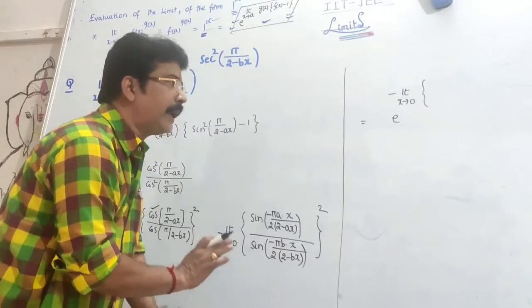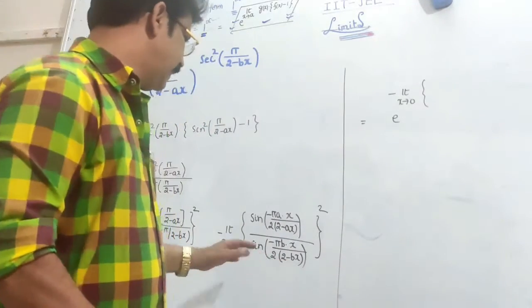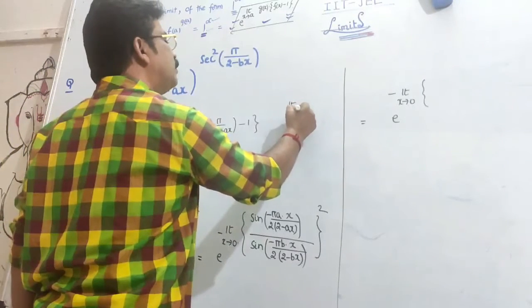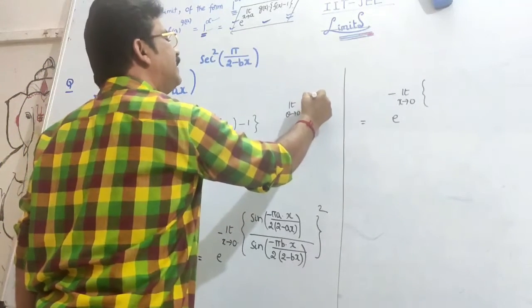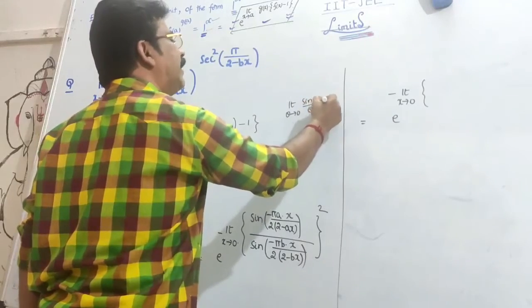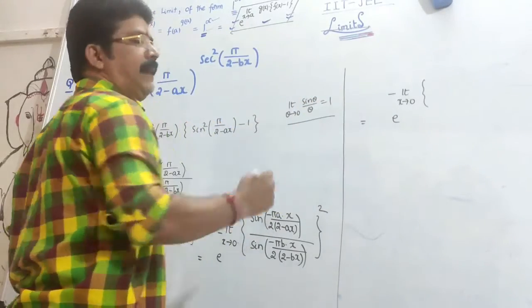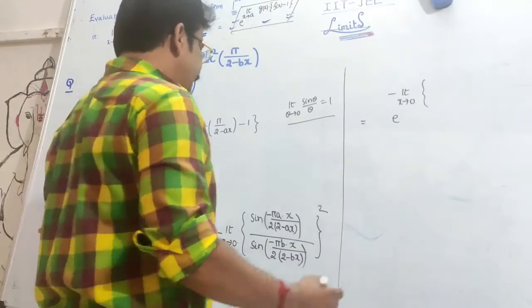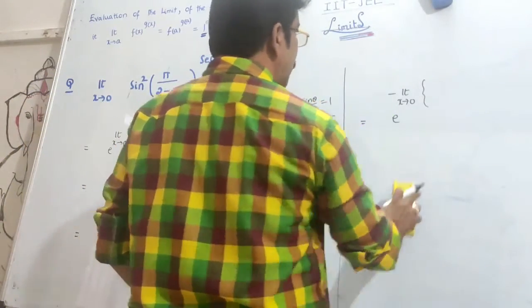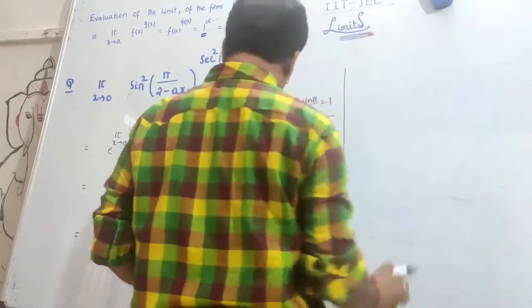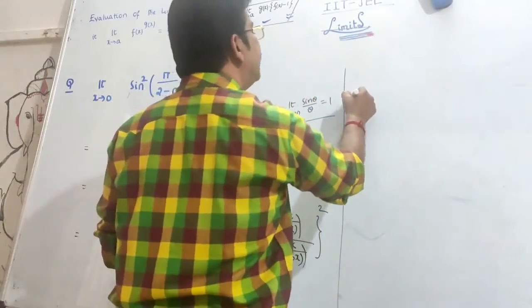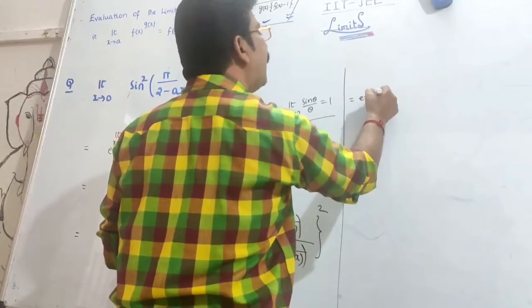Understand? Okay. Here, listen. The basic formula: limit theta tends to 0, sin theta divided by theta equal to 1. Here, I am using this formula. Okay. Minus sin of. So, I will write like that for our convenience. E power means that is equal to exponential of.